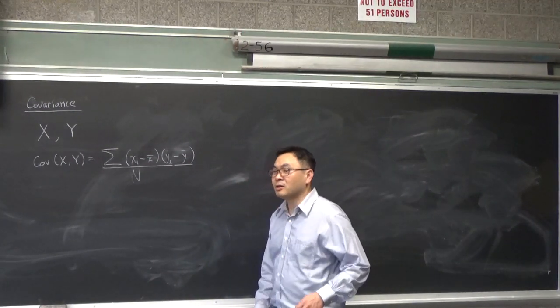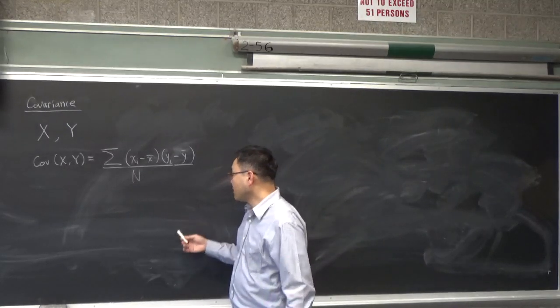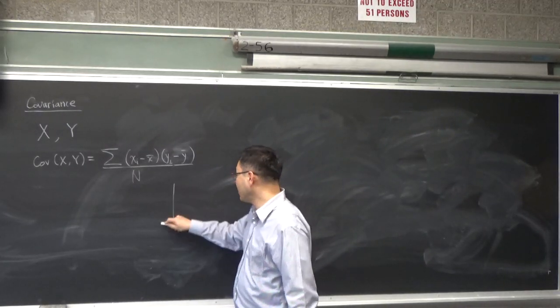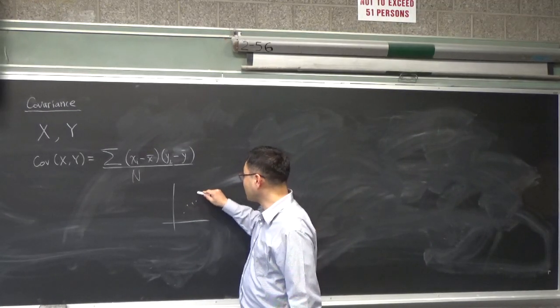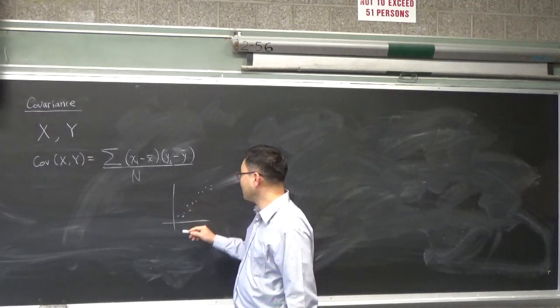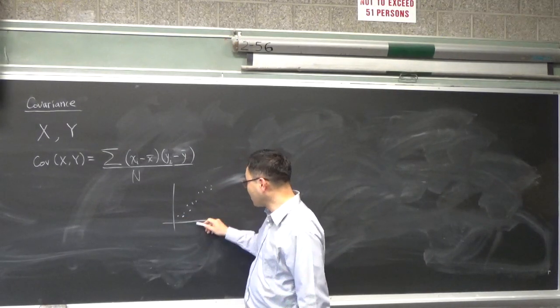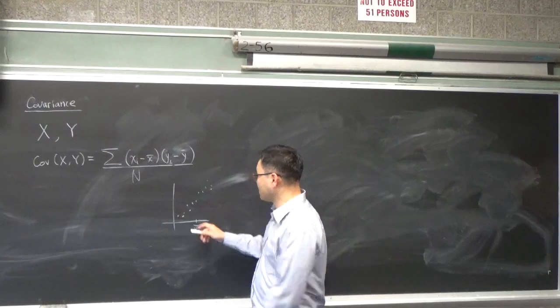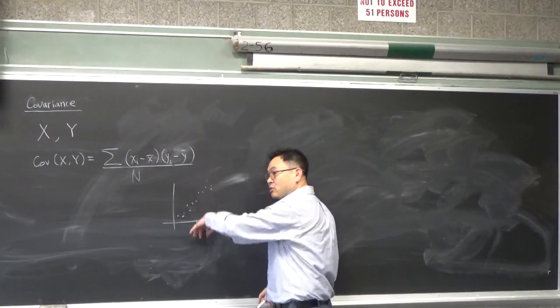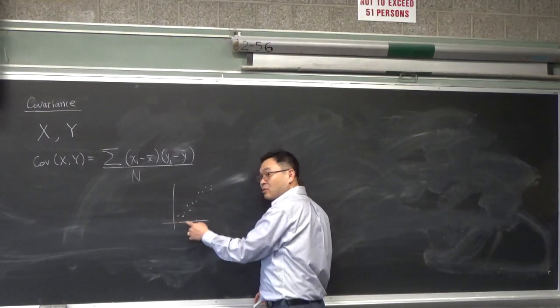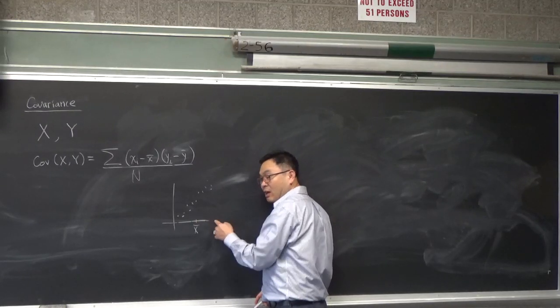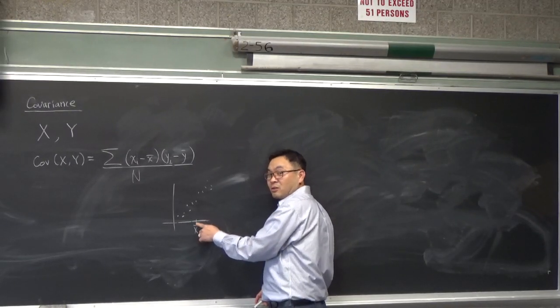So if x and y are distributed something like this, the average value of x will be somewhere here, right? If you project everything down to the x values and take the average of the x values, the x bar will be somewhere here. Do you agree?